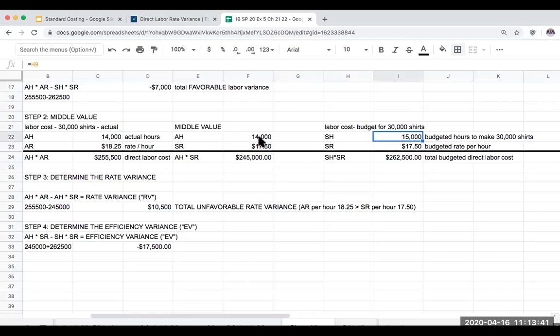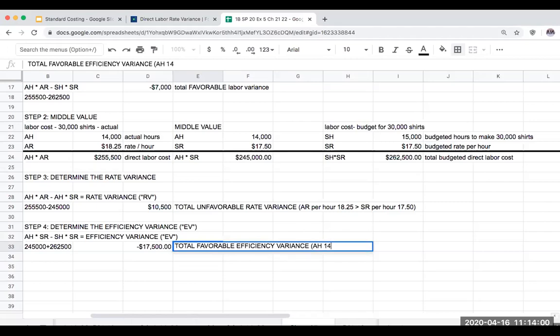So in this case right here, this variance will in fact be favorable because I spent less than what I had budgeted for. So this is going to be a total favorable efficiency variance.